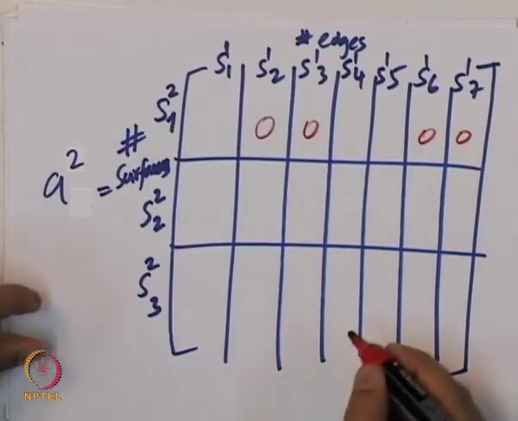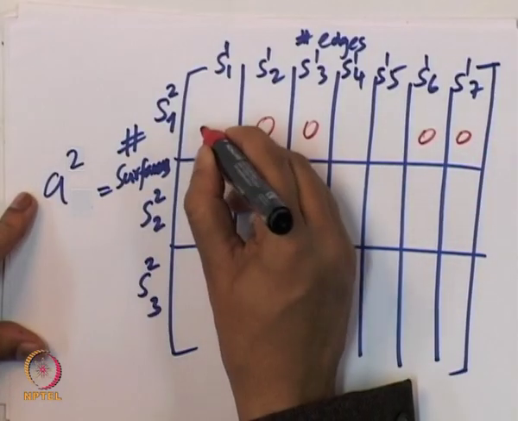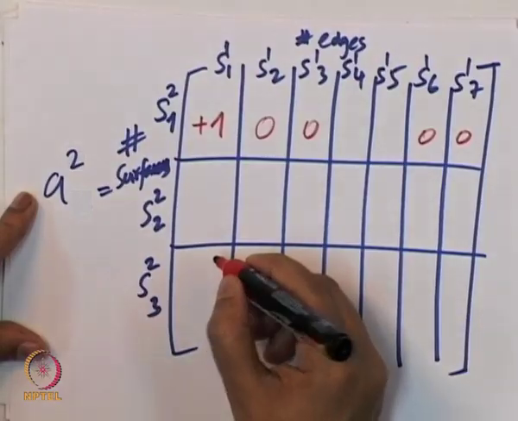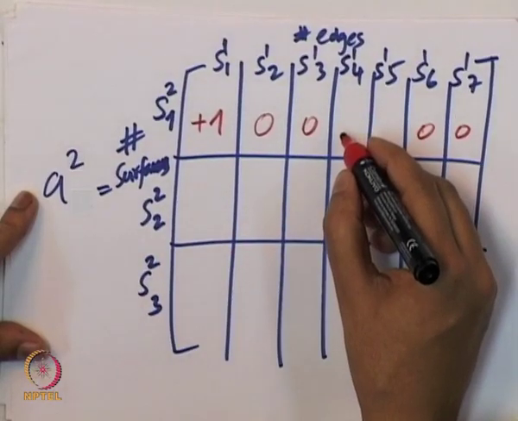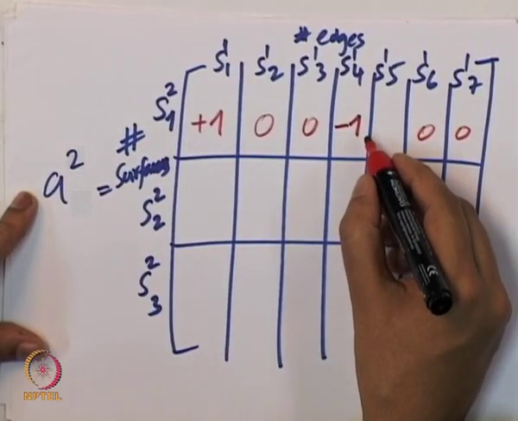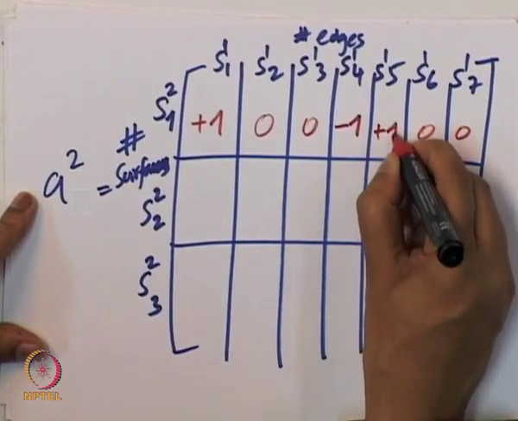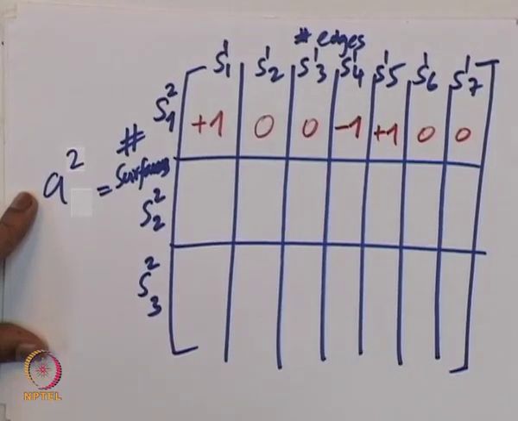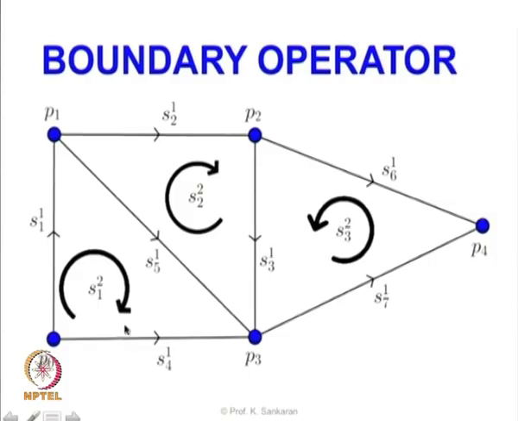For 1, it is in the same direction, so it's +1. For 4, it is in the opposite direction, so it's -1, and for 5, it's in the same direction, so it's +1. So 1 is in the same direction, 5 is also in the same direction, 4 is in the opposite direction.